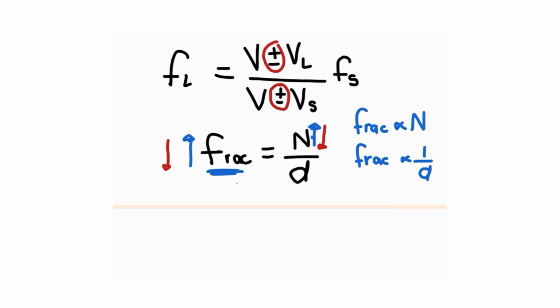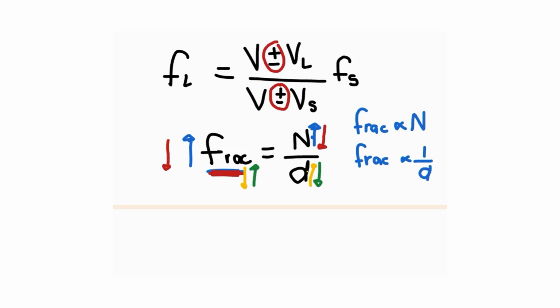However, with the denominator it's going to be slightly different. When the fraction increases, meaning when this part increases, I'm just going to use a different colored pen. When this part increases, this one is going to decrease, and when it decreases, that is going to increase. So they have an inverse relationship.